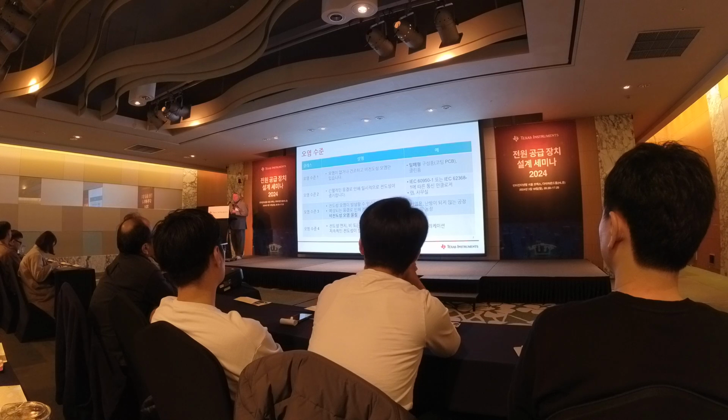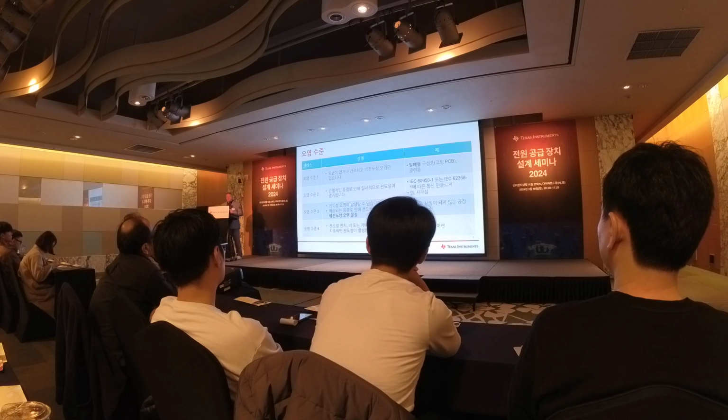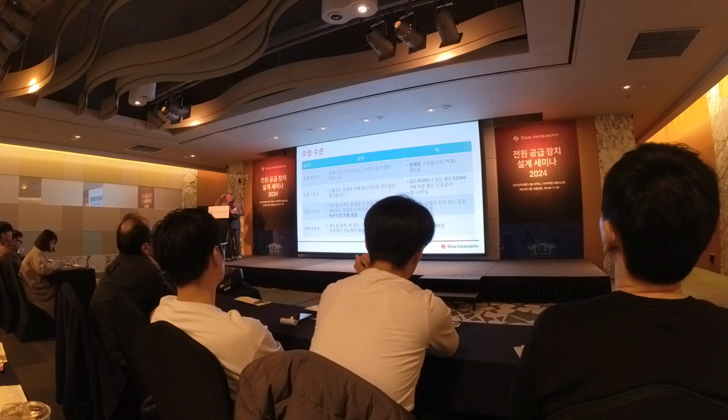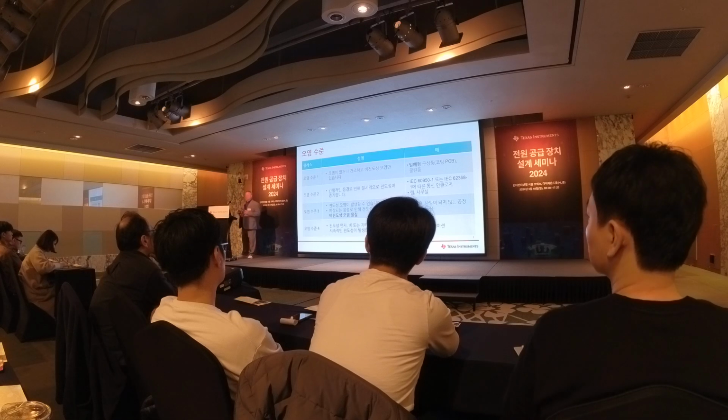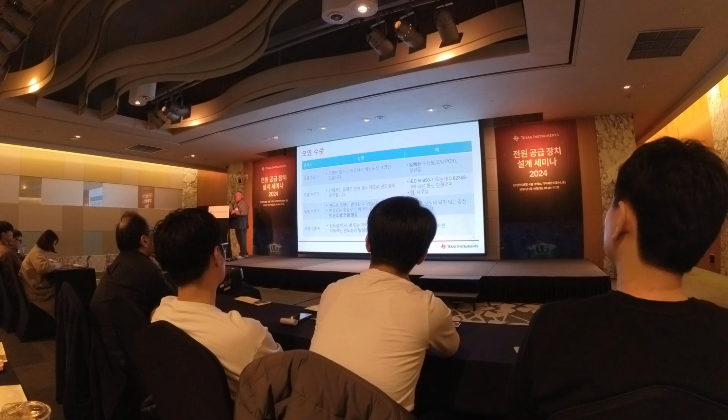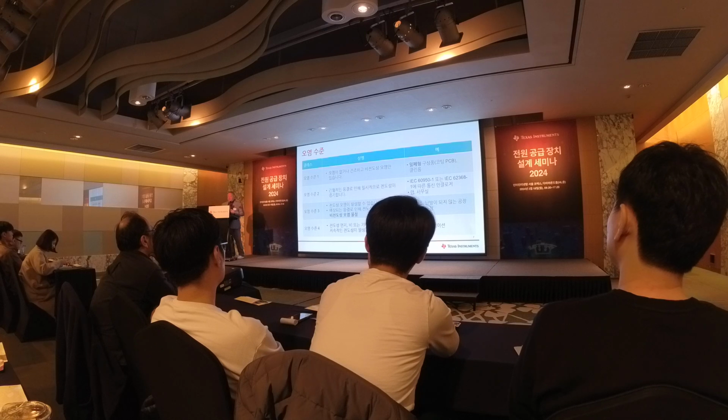Pollution degree 2 is there could be some temporary conductivity because of occasional condensation. So this could be your lab environment. This could be a telecom enclosure system. Pollution degree 3 is subject to conductive pollution.